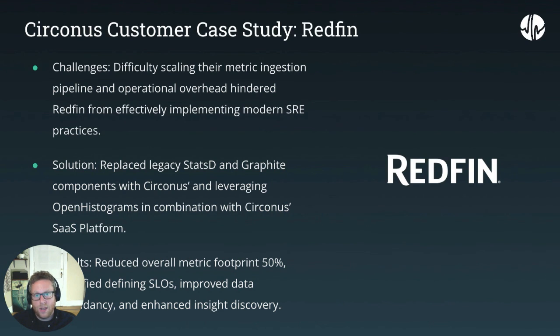After adopting the Serconis monitoring platform, Redfin effectively was able to re-architect their metric ingestion pipeline. They're using open histograms. You can read more about the histogram technology at openhistogram.io. In adopting open histograms, they were able to significantly reduce the overall metric footprint that they were dealing with. They basically solved that particular aggregation bloat issue that I described earlier.